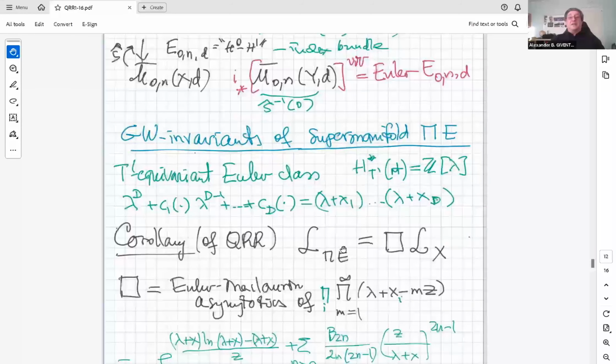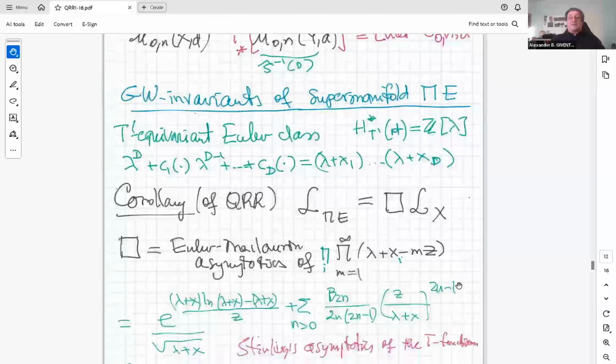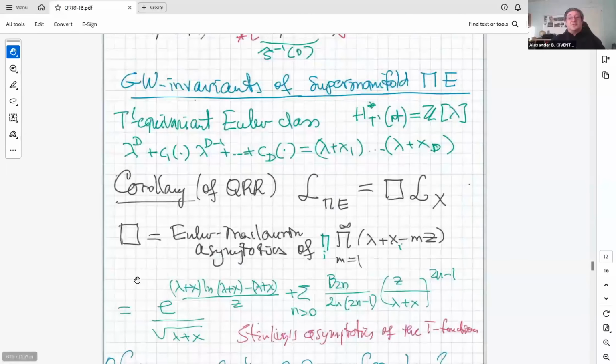If E is a line bundle, there is only one X, and we can forget this green product and summation, just there is this infinite product. So once again, I should take this infinite product, process it through this Euler-Maclaurin asymptotical procedure, and that's what we'll actually get.